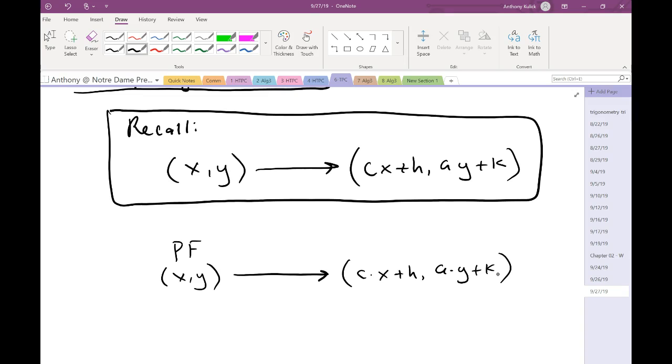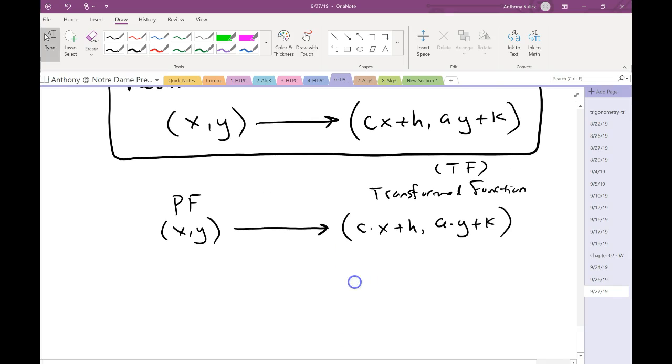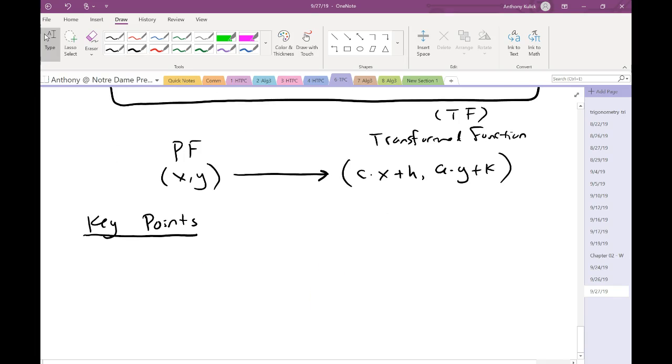I'll multiply the y coordinates by a and then add the k. And I'm just going to abbreviate transform function as TF here. So the first thing that we're going to need in order to use this is to know what the key points are. What points am I going to take from the parent function to transform?